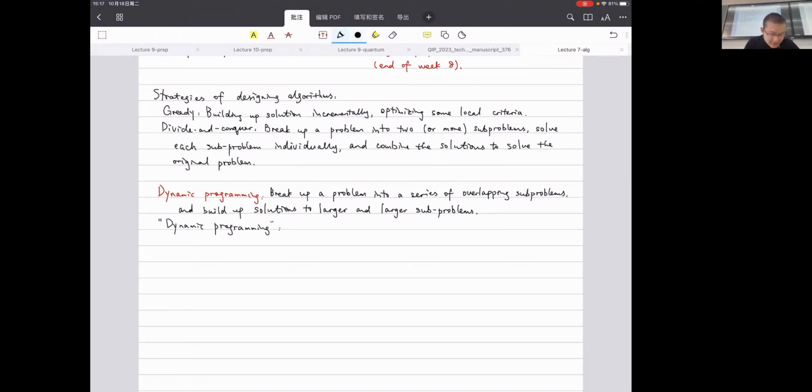The main difference between dynamic programming and divide and conquer is that here we want to plan ahead. For instance, in divide and conquer, we just have this problem and we cut in the middle. For dynamic programming, we want to utilize the structure of the problem.